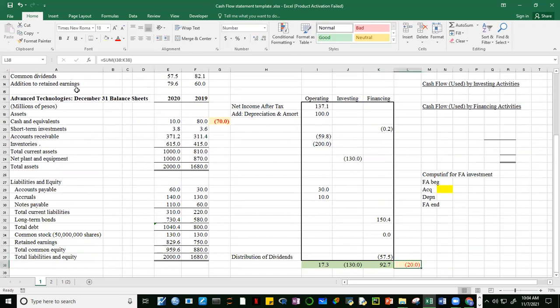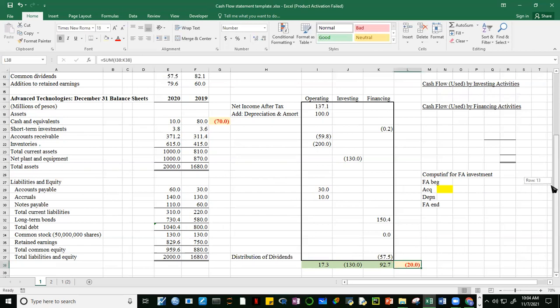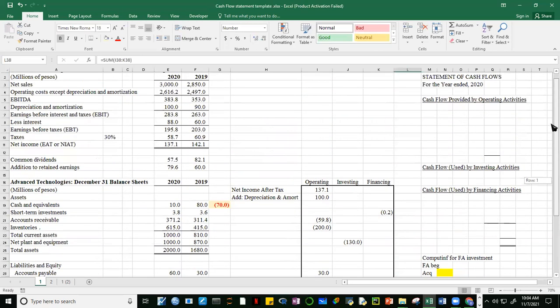So this is something that we still have to consider or correct or adjust in order to make sure that this should be 70. Otherwise, if this does not agree with this, then we cannot really construct the statement of cash flows because we're going to have a wrong net increase or decrease in cash. So let me just point out to you where the adjustment needs to come from.